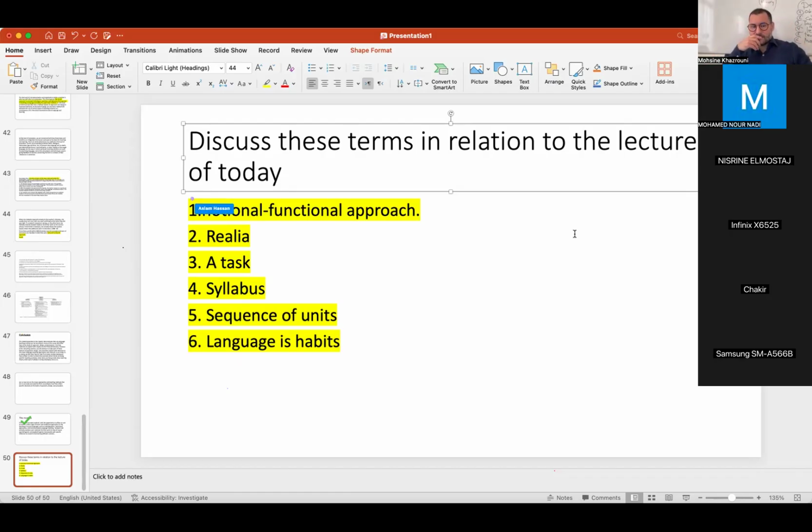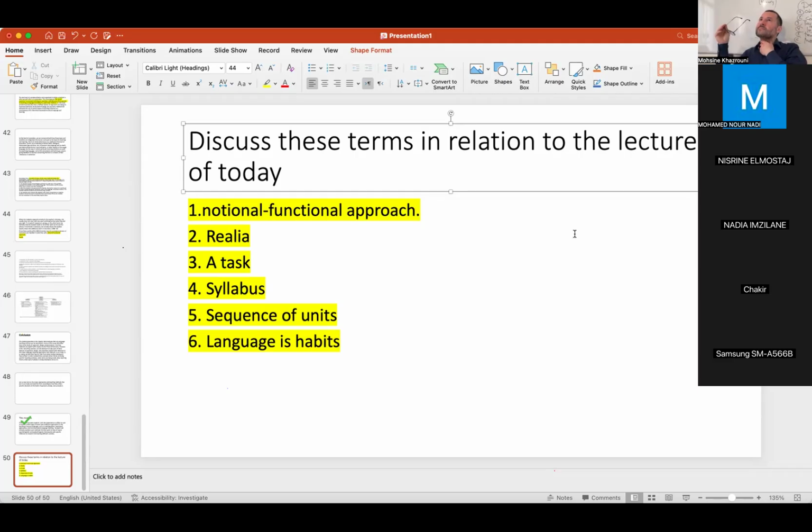For example, if a teacher wants to teach their students new vocabulary, they can bring real objects to the classroom and teach them, for example, a model of an elephant, telling them that this is an elephant.